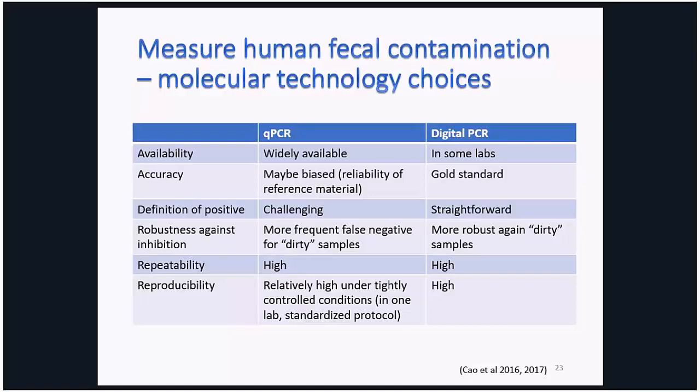And for both methods, standard protocols have been published in the scientific literature. But the qPCR protocol will be published in the Federal Register as a national standard method. So that's another advantage. And the bottom line is, if you find a reliable lab and also get reliable reference material, either method should be fine. Next slide.